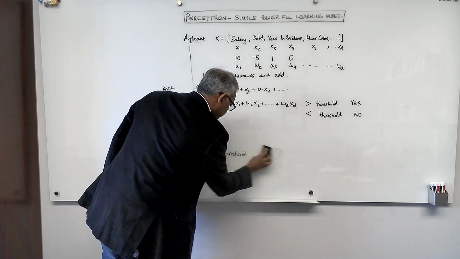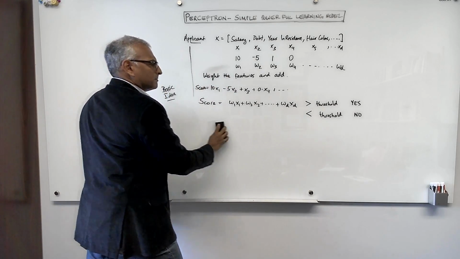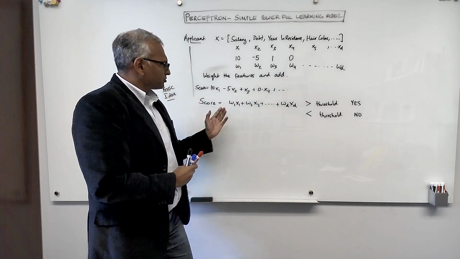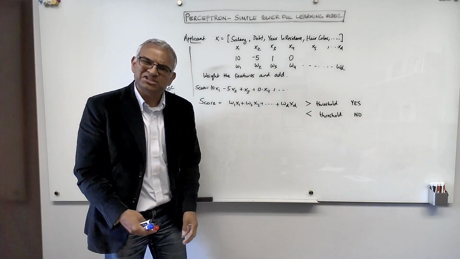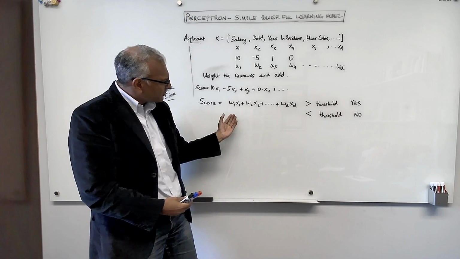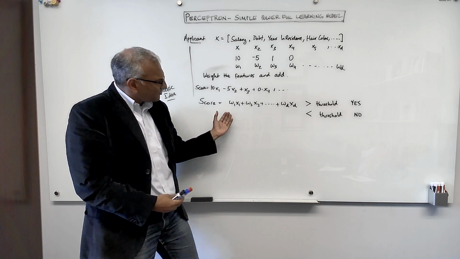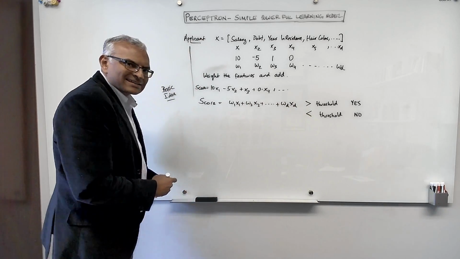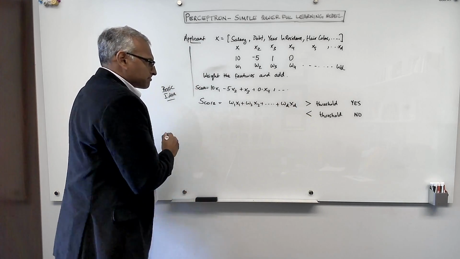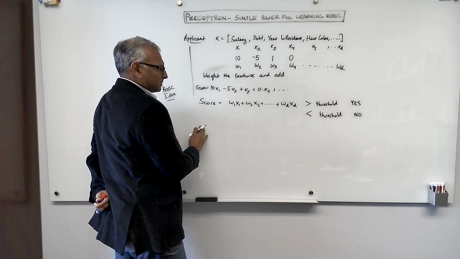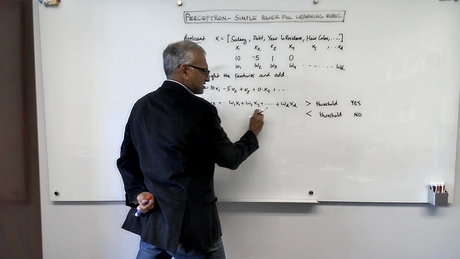Okay. So now what I'm going to do is take this approach to assigning credit and put it into a mathematically much more convenient form. It turns out it's a formula that I can put in a much more compact, convenient form. So, first of all, the score is a sum.